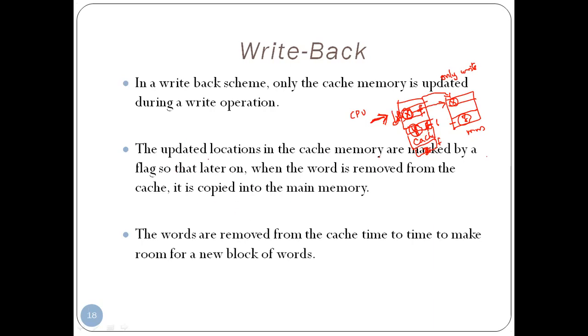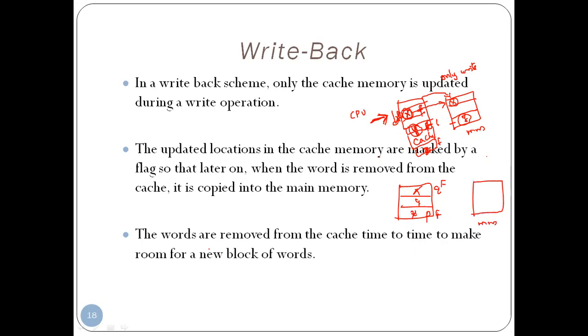So what are the updated locations here? This is X, this is Y, and this is Z. X I have updated to Q, so it is marked as a flag. Z I have updated to P, it is marked as a flag. But main memory was not reflected.